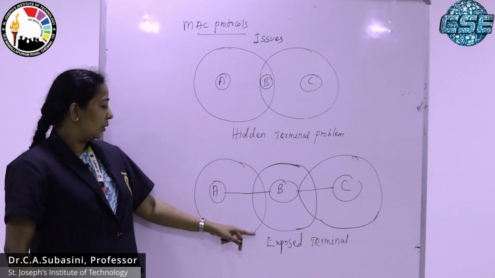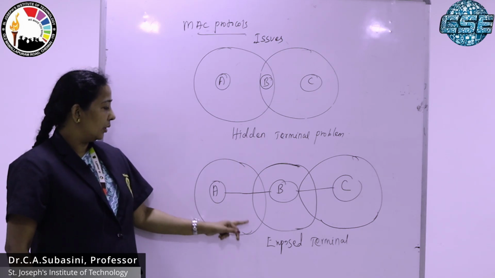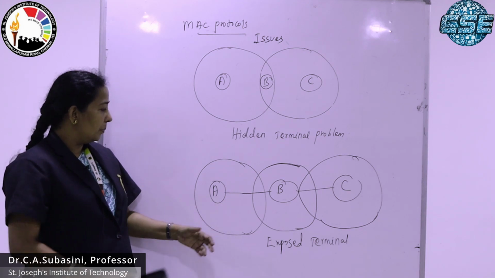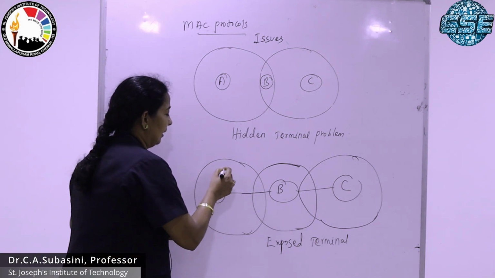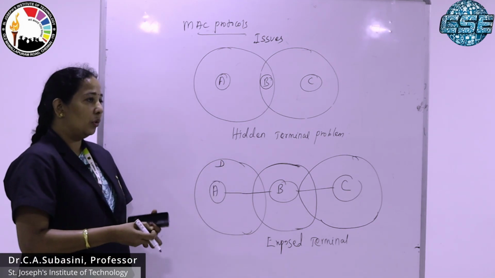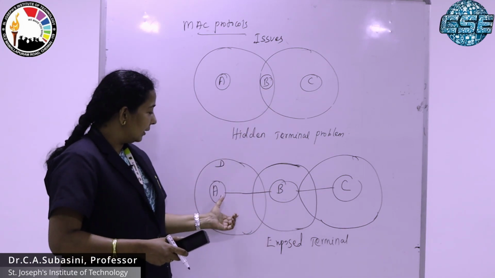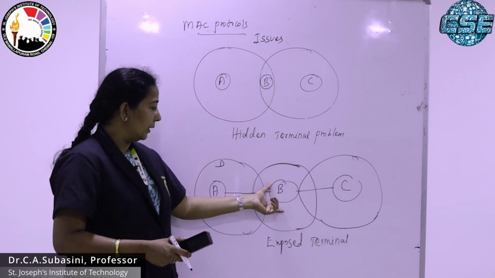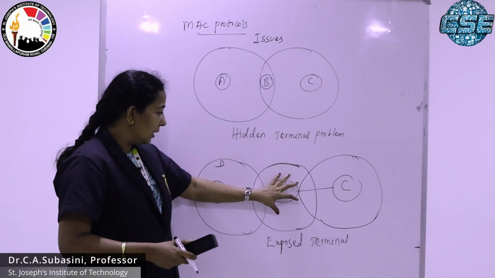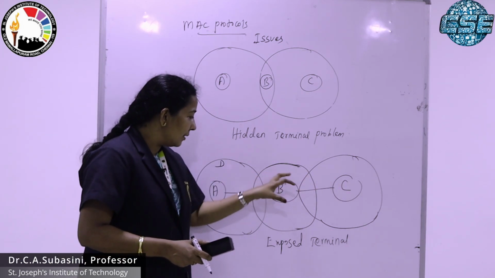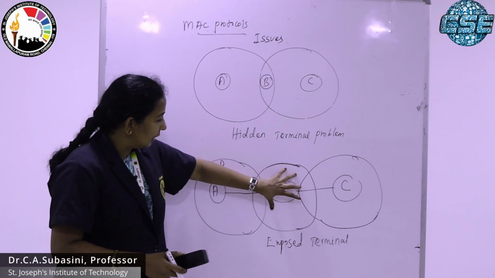Next, the exposed terminal problem. Here, A, B, C and D, four different nodes, are there. The same problem is available, but A will be sending data to B. At the same time B is busy, and C wants to send data to B. Since A is already sending data to B, C will wait for some time. C will search for another node to send the data.